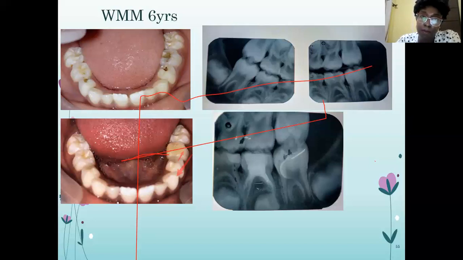Yes, there's another question still from Dr. Maria. Are there any studies concerning iodine as an irrigant in pulpotomy? No, there's no literature actually that talks about iodine as an irrigant in pulpotomy.